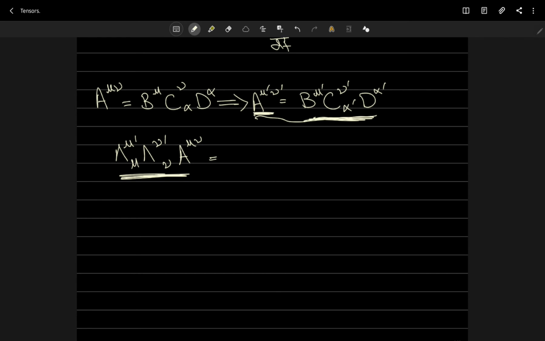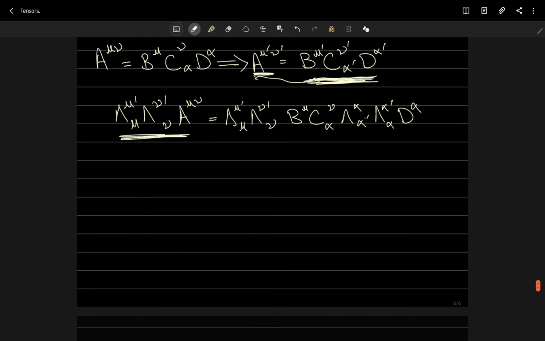But for this one, what is this equal to? Well, that is again equal to the transformation matrix acting, so lambda mu prime mu, lambda nu prime nu, B mu, C nu alpha, lambda alpha alpha prime, lambda alpha prime alpha, D alpha.